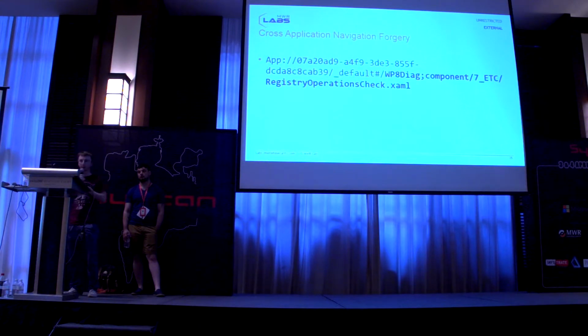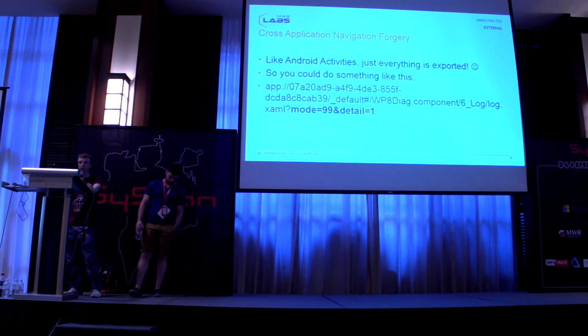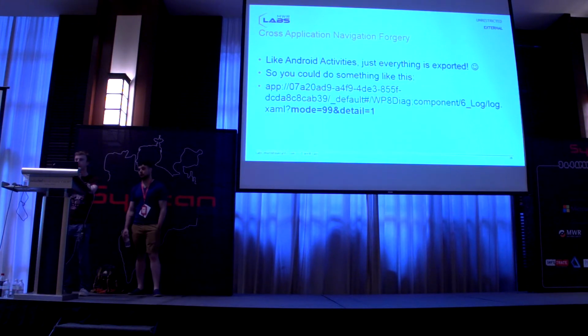It's essentially like Android activities, but on Windows Phone, using this method, everything's exported, and there's no way to lock it down currently. You can trigger any XAML screen within the application and pass whatever parameters you want to this XAML screen as well. So if there's a problem in the handling of the parameters which get passed, then an attacker could use this to exploit the application.